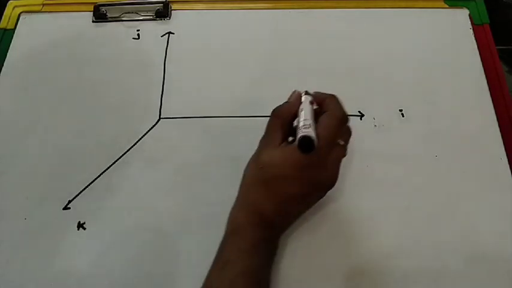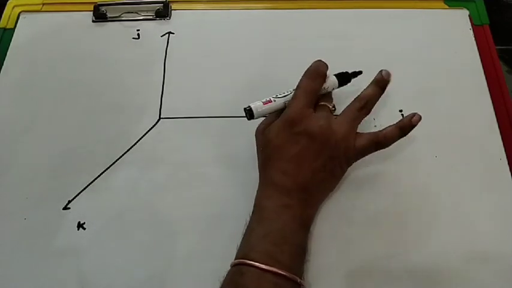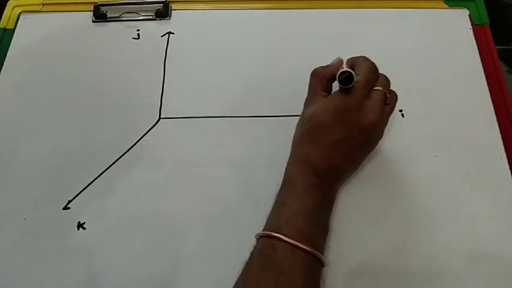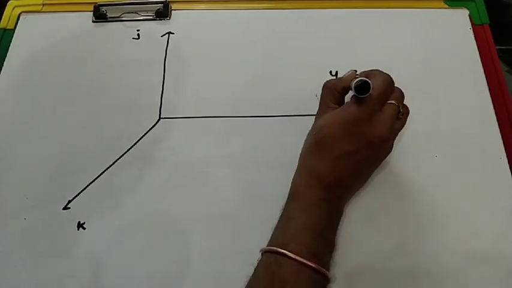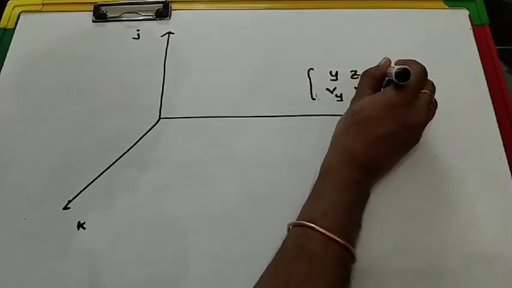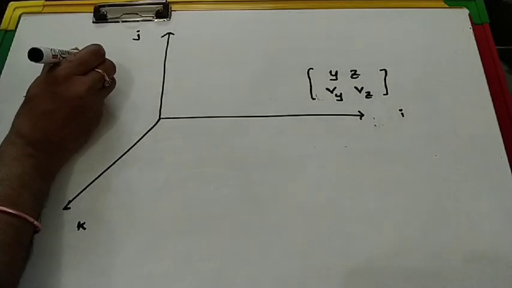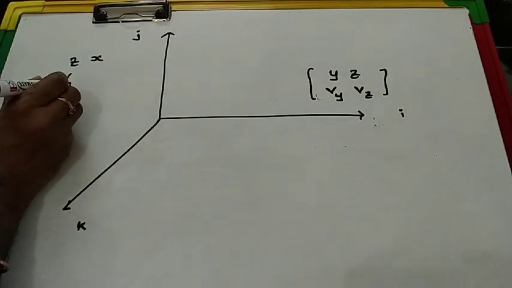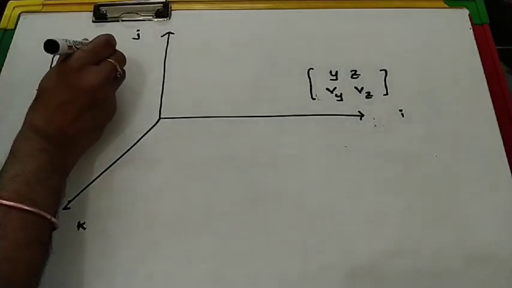Now consider here y, z, vy, vz. Here z, x, vz, vx.